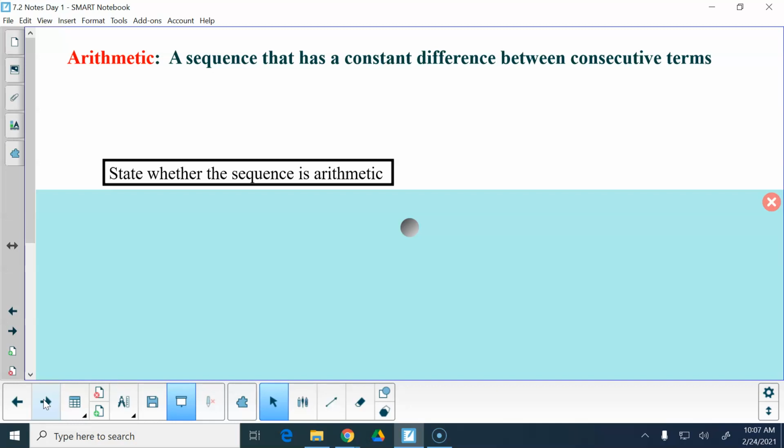So the difference between the first and the second term is the same as the difference between the second and third terms, is the same as the difference between the third and the fourth terms, is the same as the difference between the 90th and the 91st term. That common difference, and that's what it's going to be called, is a common difference, is constant throughout the entire sequence.